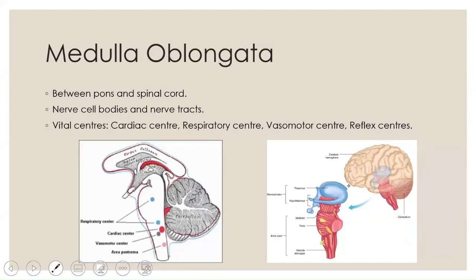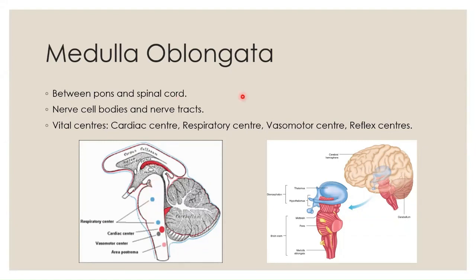Then you have the medulla oblongata, which connects the brainstem to the spinal cord. So within this brainstem, you have again different collections of cell bodies called nuclei. We'll talk about it later on.